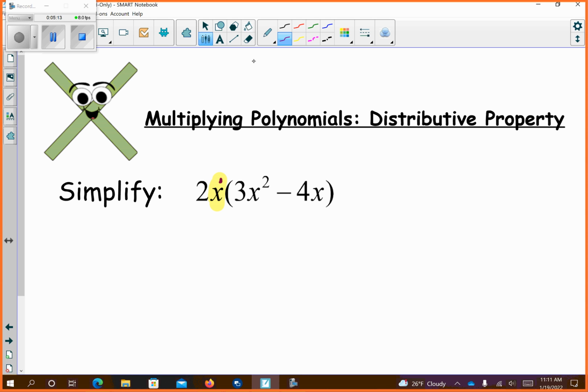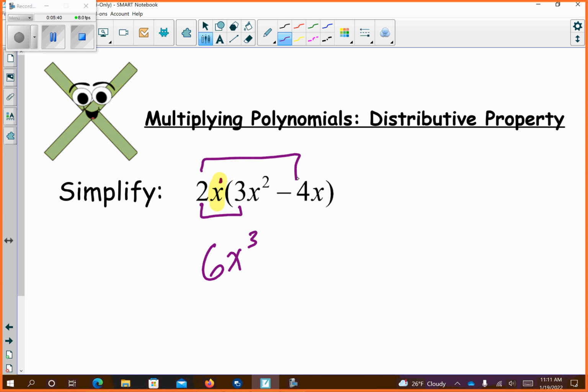When you multiply two like terms together, and you have the same letter, the exponents add up. Okay, so I'm pretty sure you're okay with 2 times 3 is 6. But then the x is going to be 1 plus 2. The exponents get added. Okay, so I get x to the third power.